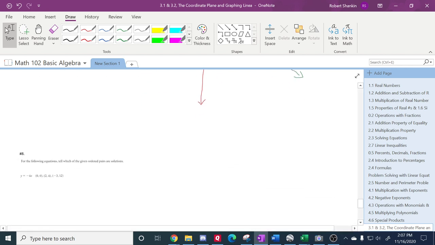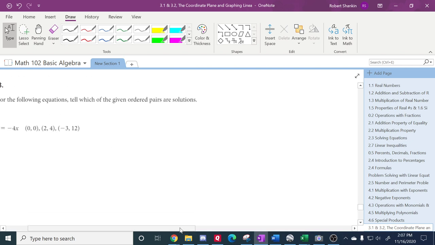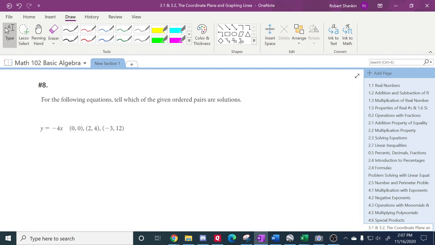All right. So now I'm going to do some problems that are similar to the homework problems so that you're not confused when you do the homework. So, number 8. For the following equations, tell which of the given ordered pairs are solutions. Let me give you a minute with this. See if you can figure out what the directions are asking you to do.